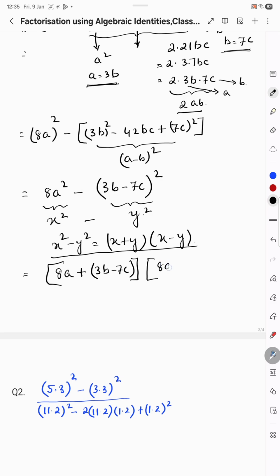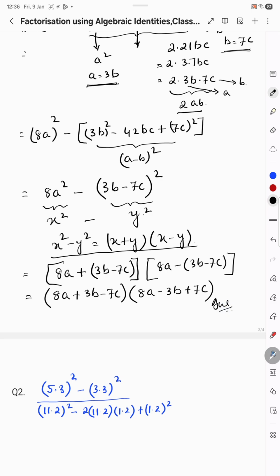So x is 8a minus y is 3b minus 7c. Now let's open the bracket. So we'll have 8a plus 3b minus 7c here, and we'll have 8a minus 3b plus 7c. So this will be your answer.